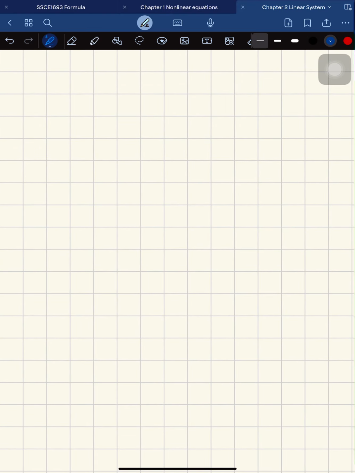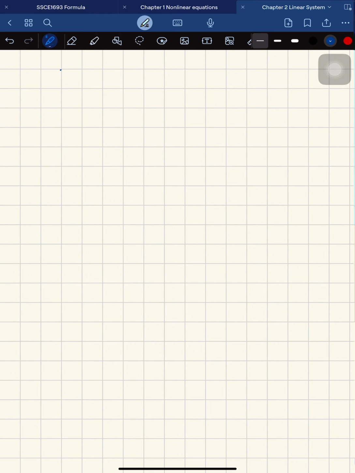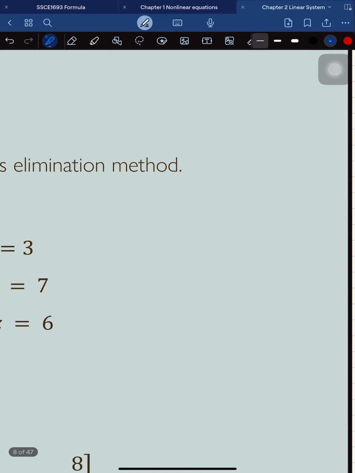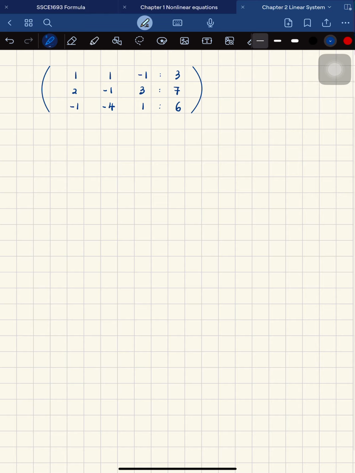First, we put our matrix as the augmented matrix: 1, 1, negative 1, 2; negative 1, 3, negative 1, negative 4; 1, 3, 7, 6.